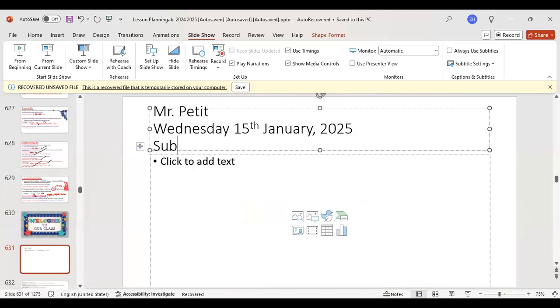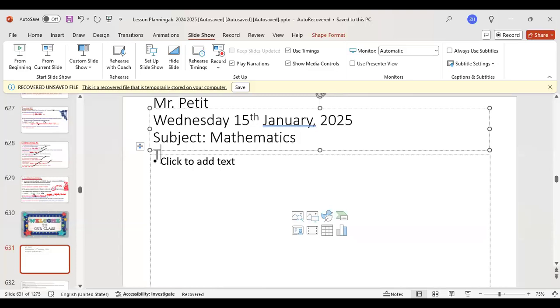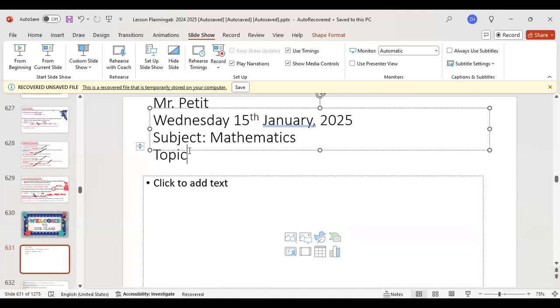The subject is mathematics, and the topic is Simple Interest, Part 3.